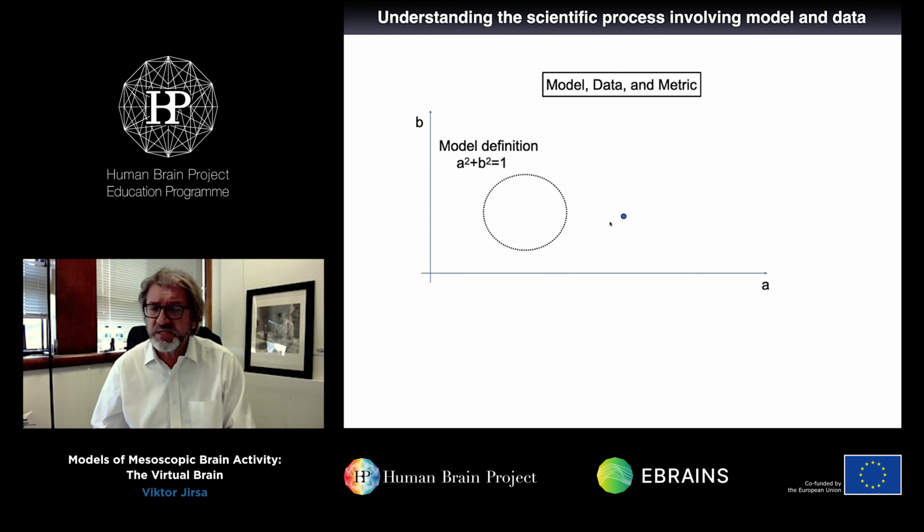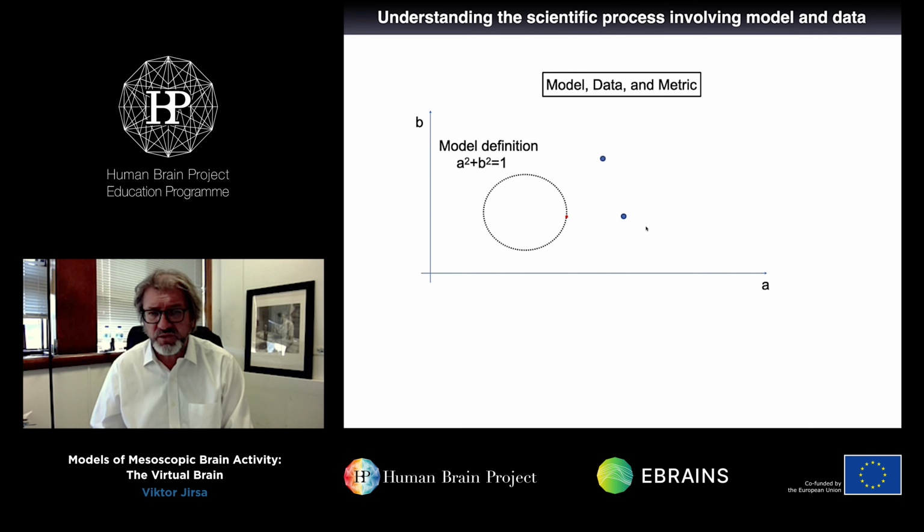And please recognize that this metric is another explicit step that you're performing. For instance, you can ask the question, this blue dot that I measured, what is the closest point on this model, the point with the shortest distance between the measured point and all the points that are on this causal hypothesis, so the circle in this case?